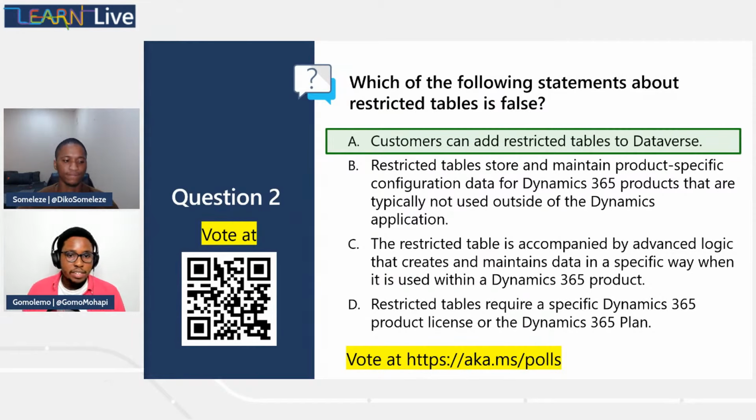And even if you are talking about your colleagues within your business, they need certain licensing to even use, update, create, or edit any of these restricted tables. So A is definitely the right answer here, or in this case, it is false. Customers cannot add restricted tables to Dataverse.